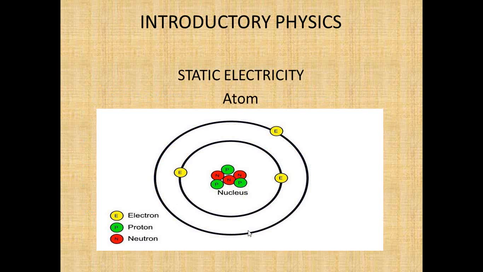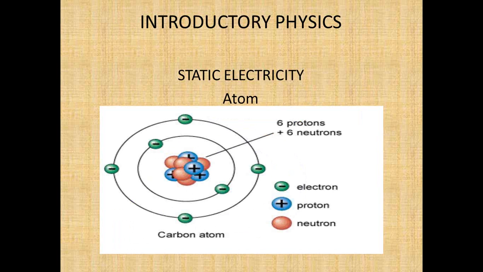What we're going to show you later on is that for each orbit of electron, the energy is different. So not only different, but the electrons in the outer orbit are going to have a higher energy than the electrons in the lower orbit. Higher energy electrons outside, lower energy electrons inside.